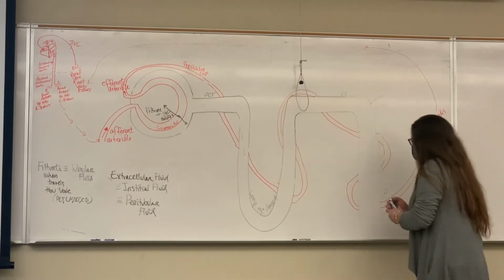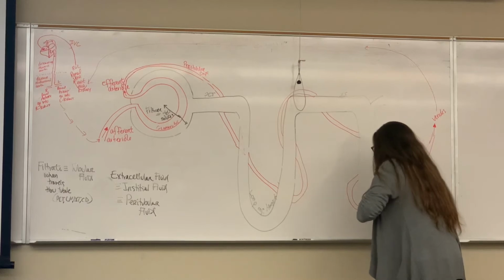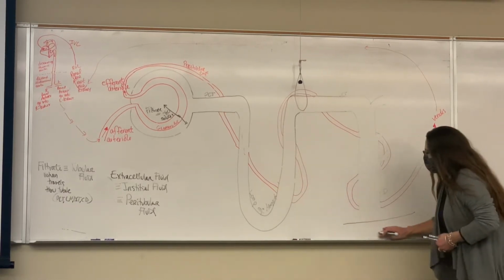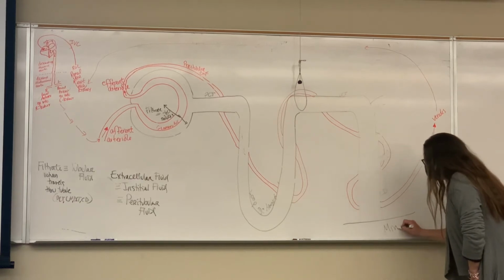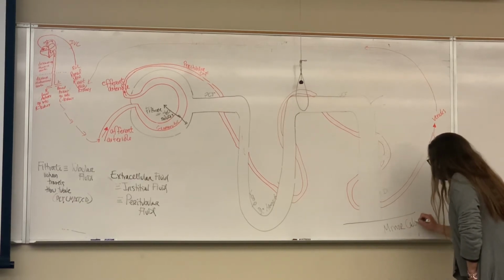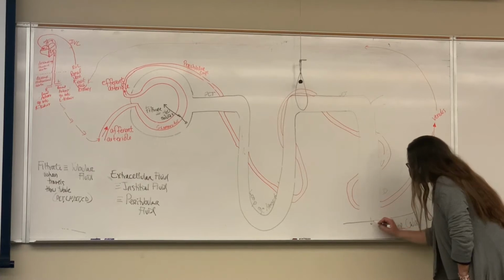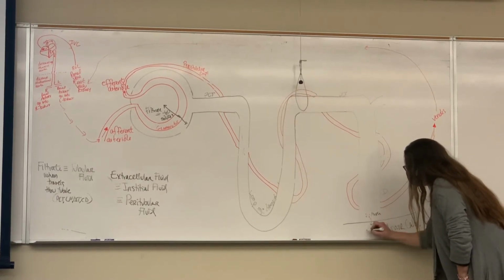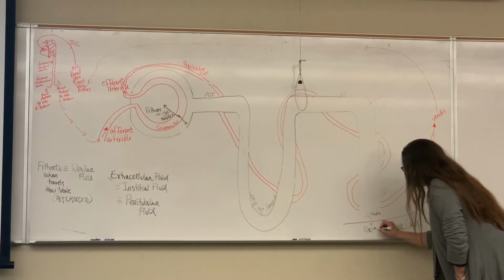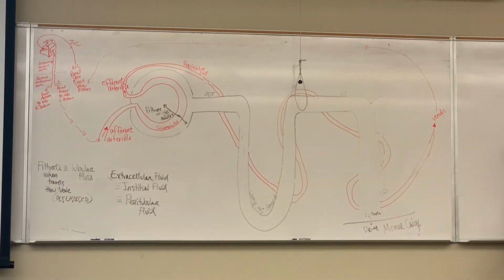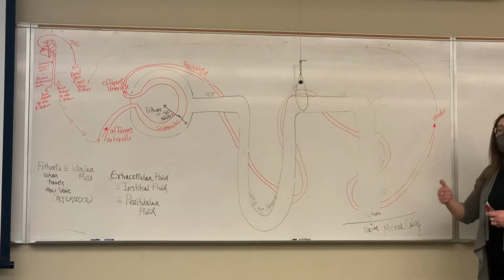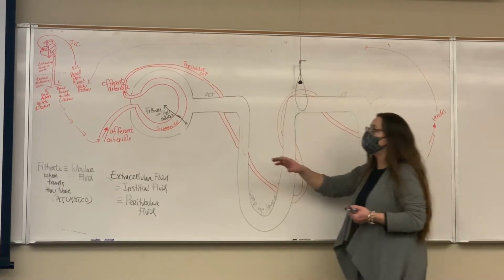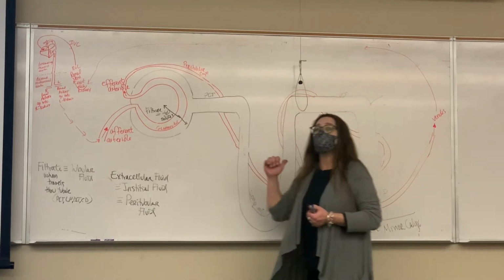I'm going to put a line here. Before it leaves this collecting duct and collects in the minor calyx, and we go from being filtrate to urine, about 99% of that 48 gallons that we form has to go back in the blood.